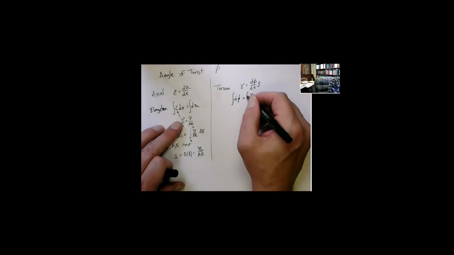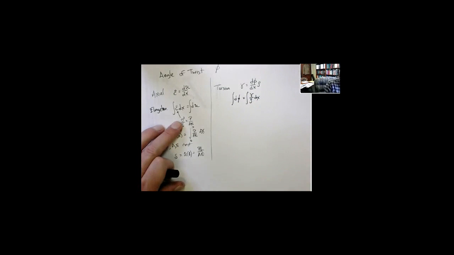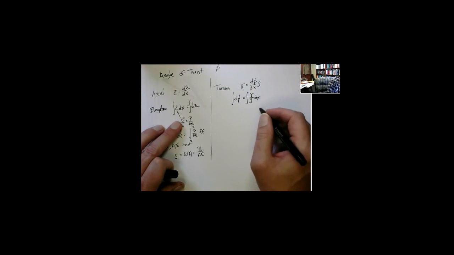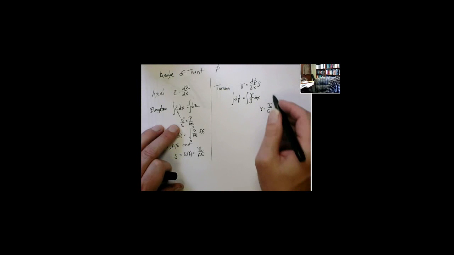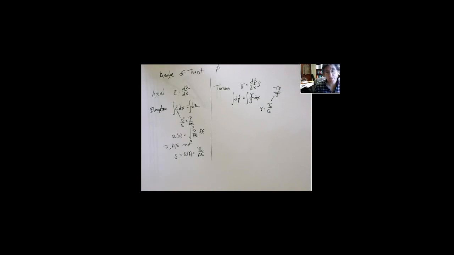We're going to integrate both sides. Now, in this case, gamma, the shear strain, is going to equal the shear stress over G, Hooke's law even here. And the shear stress, remember, is T rho over J. J is that second polar area moment, right?